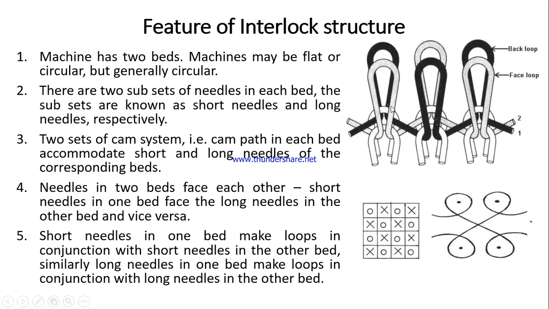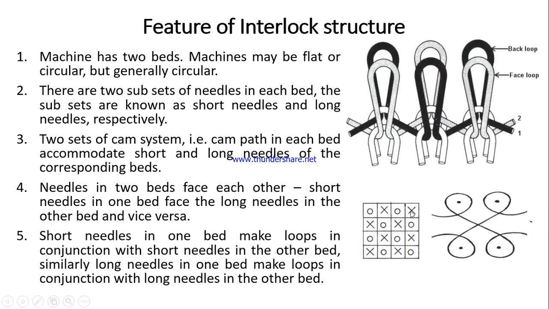So if this loop is made by the short needle of the cylinder, then this black thread is made by the long needle of the dial, because the short needle is facing the long needle of the dial.